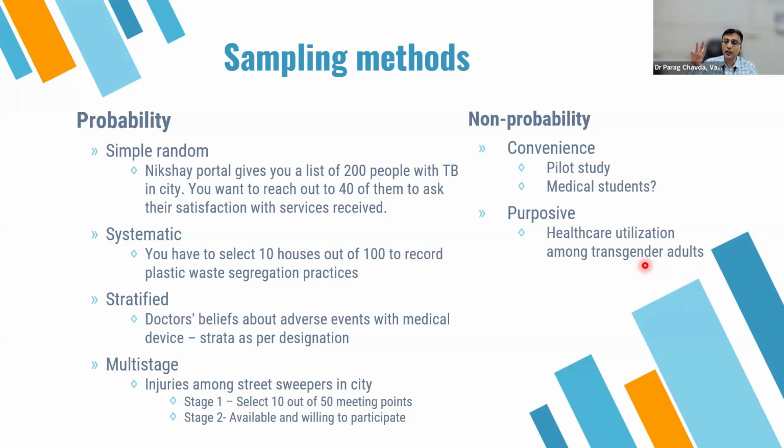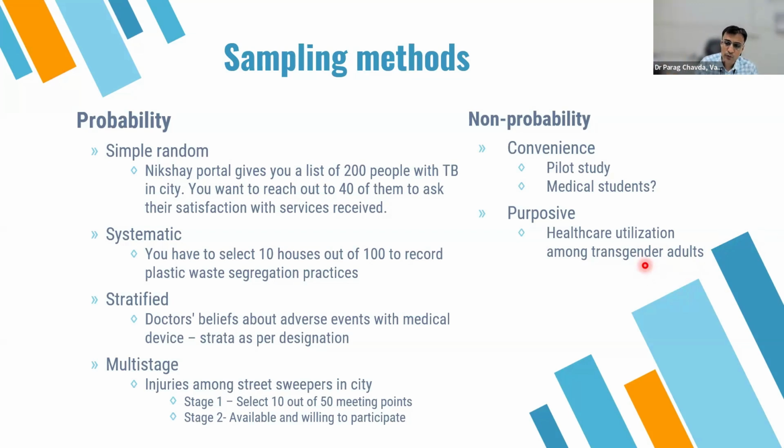So you meet an initial set of a few transgender people, and then you ask them for the contacts of other transgender people, and go on asking similarly, and that's how you build up your sample size. So that's purposive. You were purposefully interested in a certain kind of people.